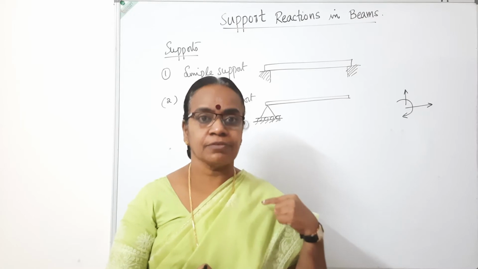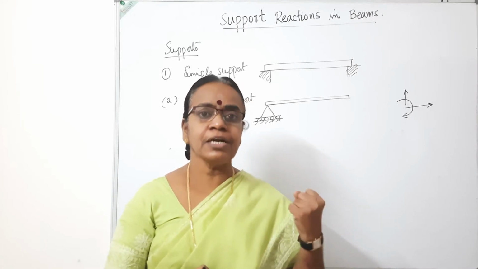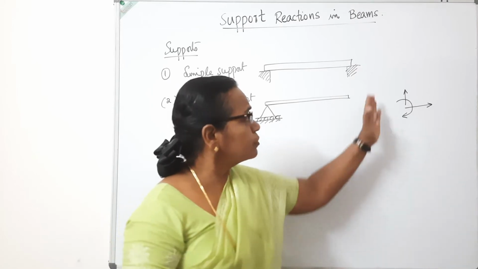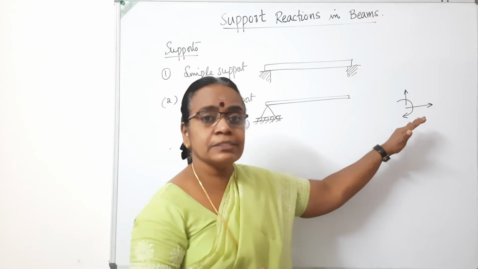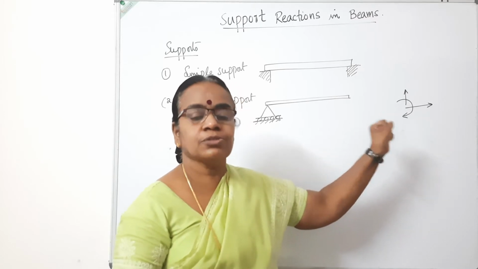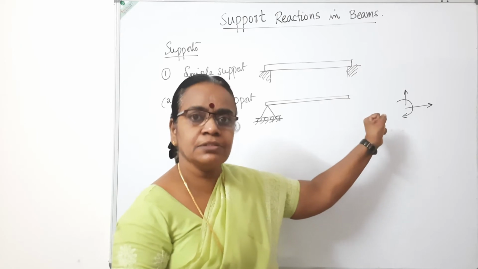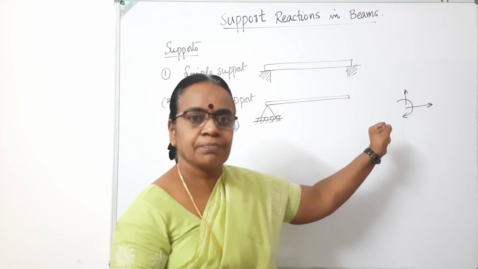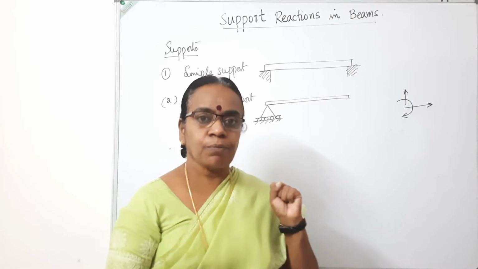So that is a reaction. Similarly, in structures, out of these 3 movements, if the horizontal movement is restricted, it will have a horizontal reaction. If the vertical movement is restricted, it will produce a vertical reaction. If the rotation is not allowed, there will be a moment in the support.